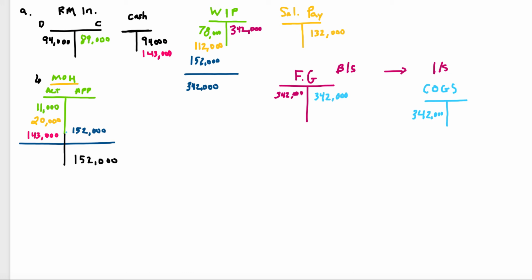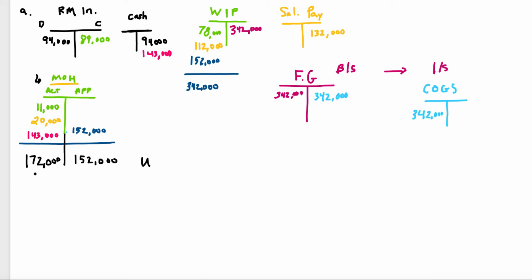Gives me $172,000. Okay. Now right off the bat, I can tell that I underapplied. How do I know that? Well, because the amount of overhead that I applied is less than the amount that I actually incurred.